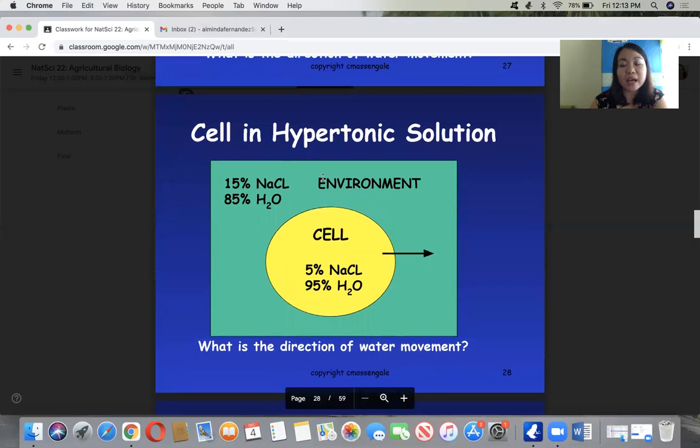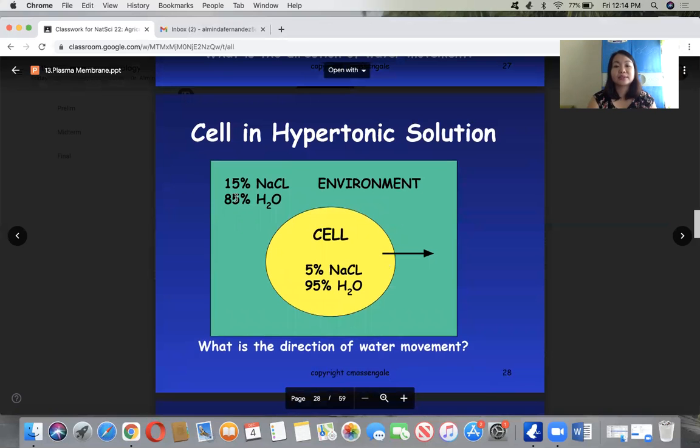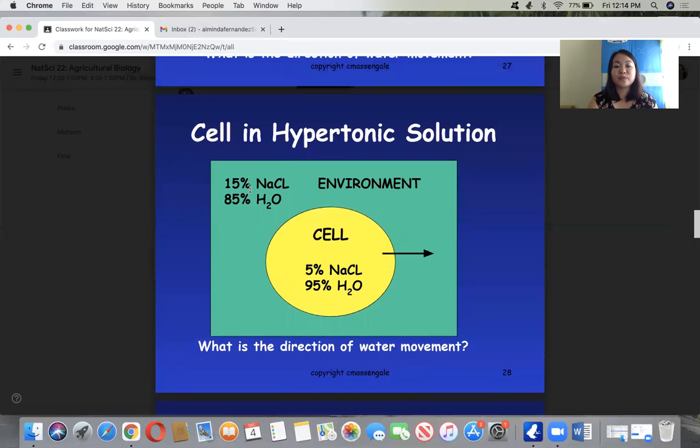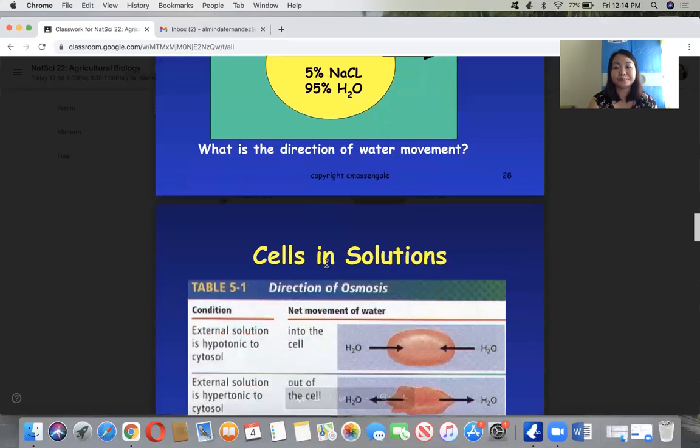So in a cell in hypertonic solution, as you can see, the movement of water is going outside the cell because the solute, 15%, is higher than inside the cell, which is 5%.